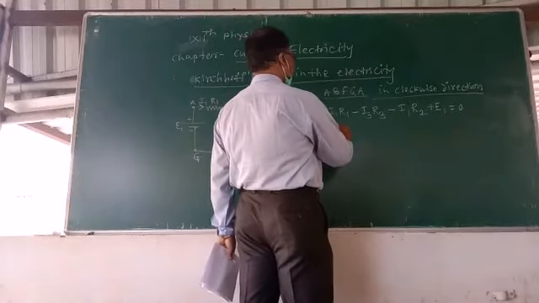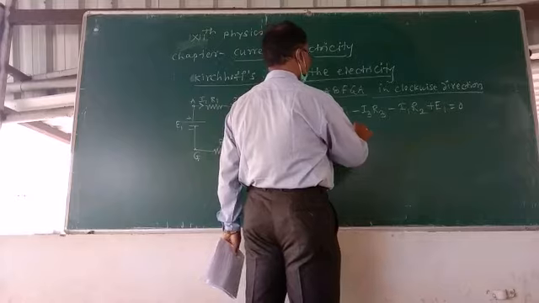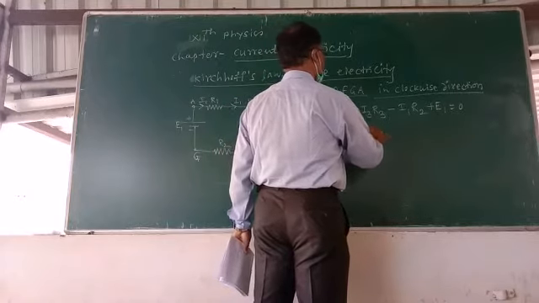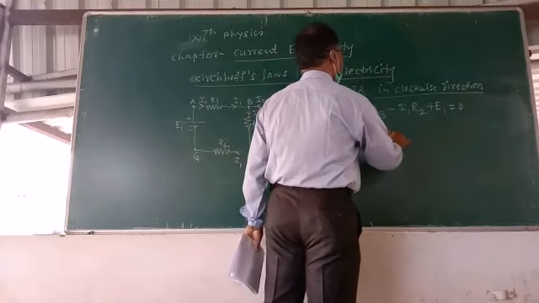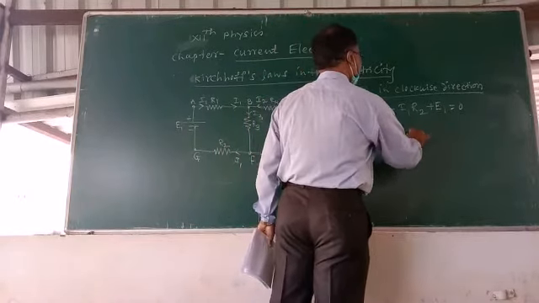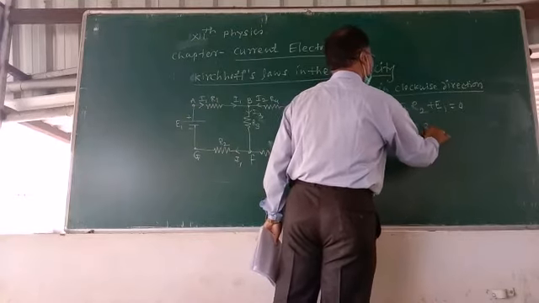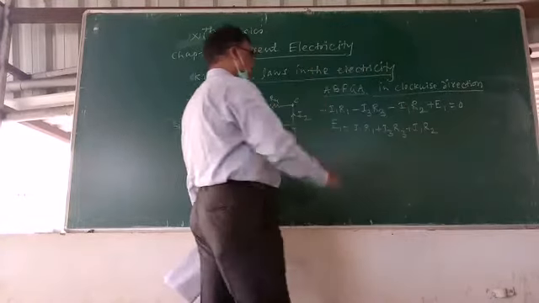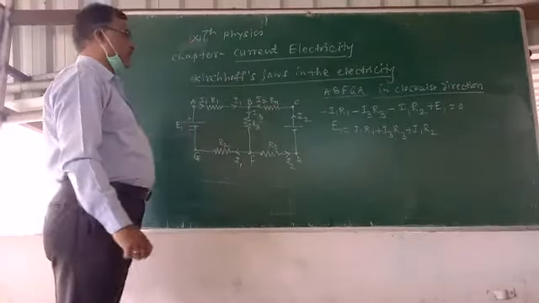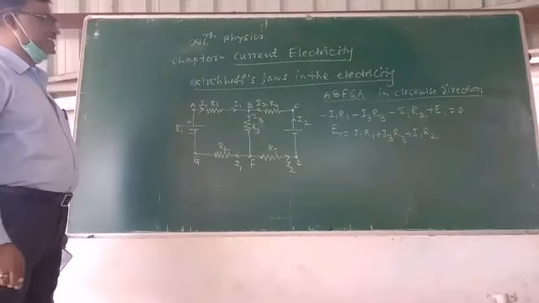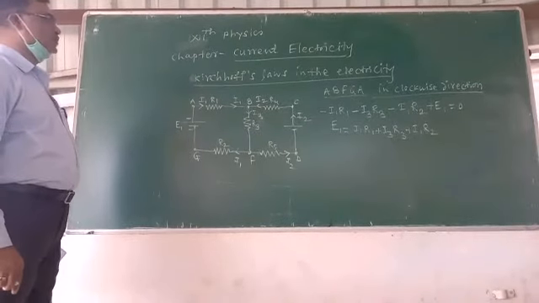Therefore, E1 is equal to I1 R1 plus I3 R3 plus I1 R2. This is the electromotive force E1 equal to I1 R1 plus I3 R3 plus I1 R2.